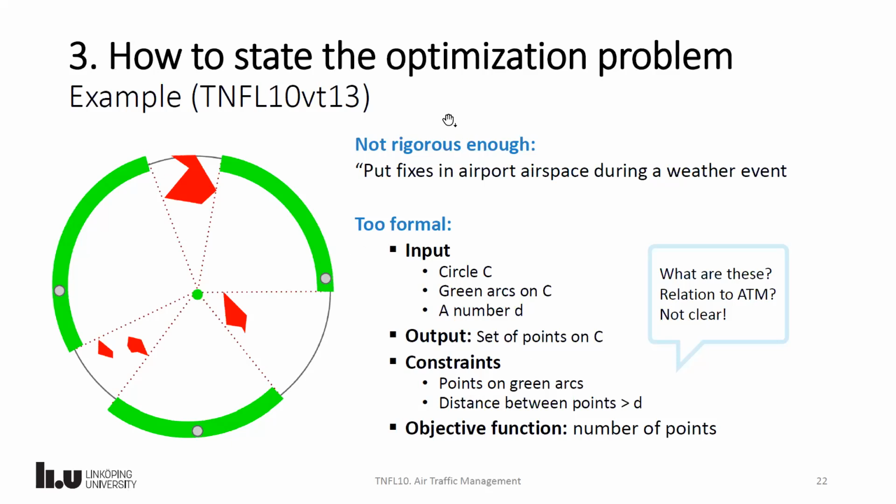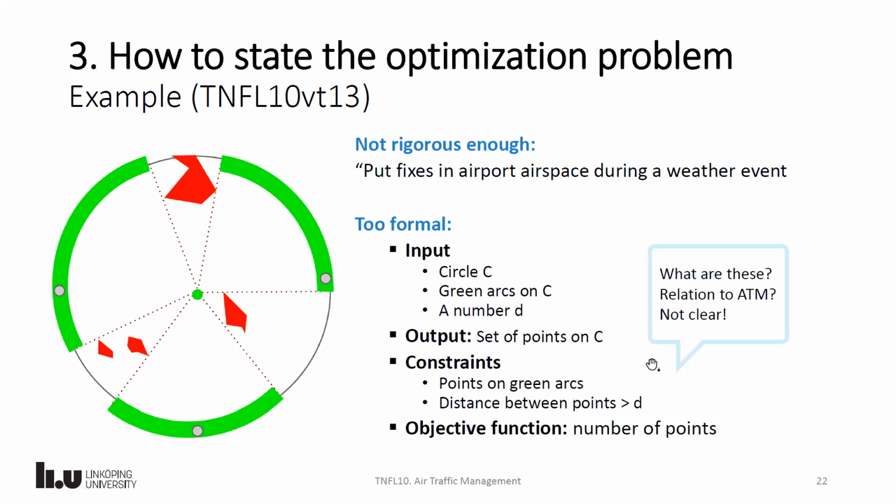So if you have a paragraph before this explaining what the circle and the arcs are, and what this distance is, this is fine. But what we're trying to do is find a balance between formality, rigor and clarity.